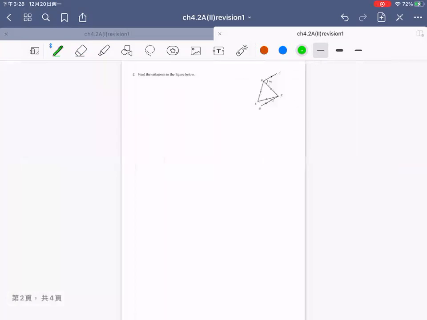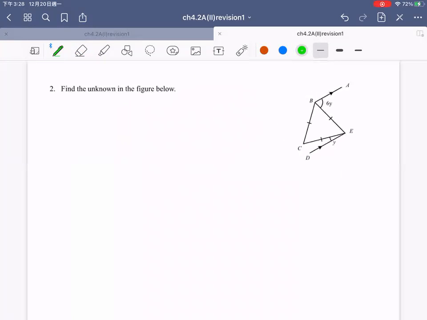Second question. This time we want to find the unknown in this question and put in all the information here. So you can see again we have an equilateral triangle here. So this one is 60 degrees, right? And also we can see we have a parallel line here.